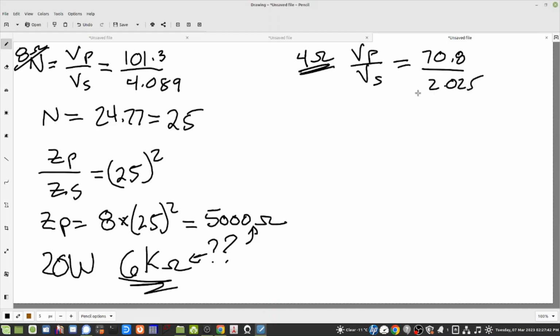Okay, so remember, I put 2 volts on the secondary of the 4 ohm tap of the transformer, and I read 70.8 volts across the plate to plate. And so that gives us 70.8, enter 2.025, divide, and we get 35.